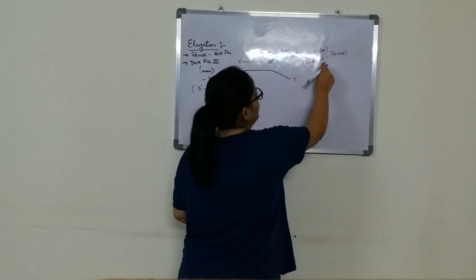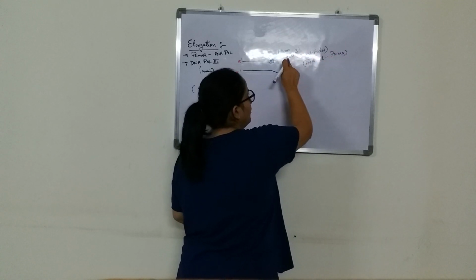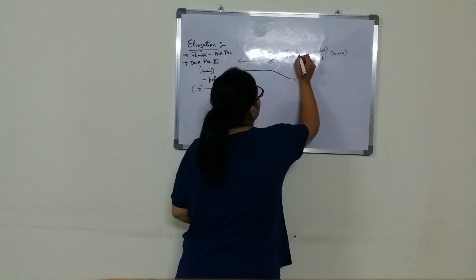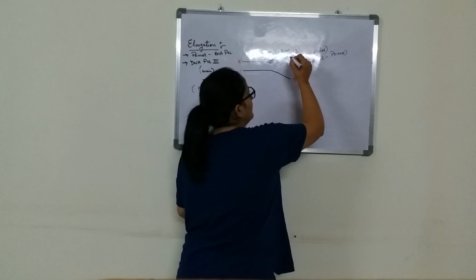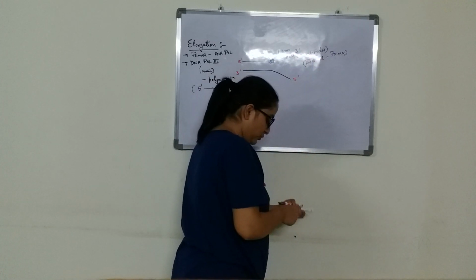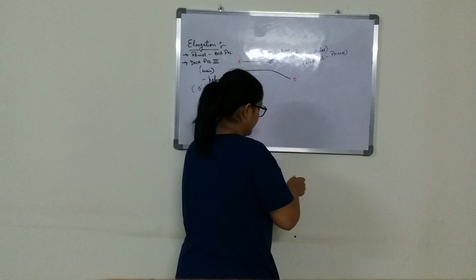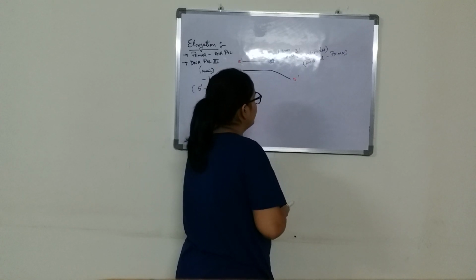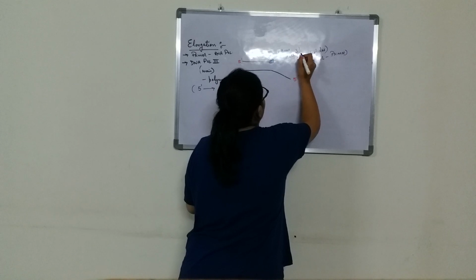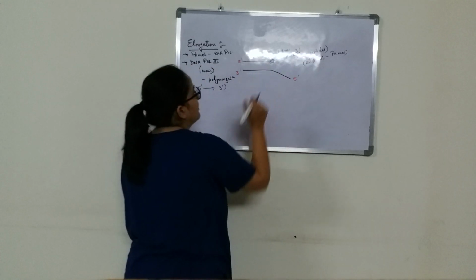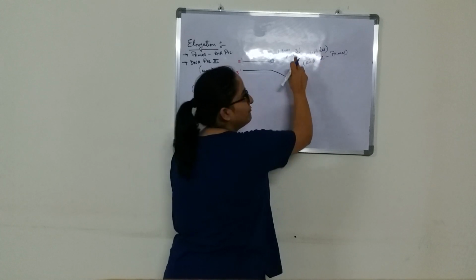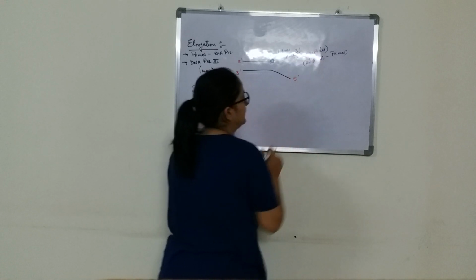The RNA polymerase, that is a primer, is uploaded here in the new strand, which is from the 5 prime end, and RNA polymerase will form the RNA nucleotides.